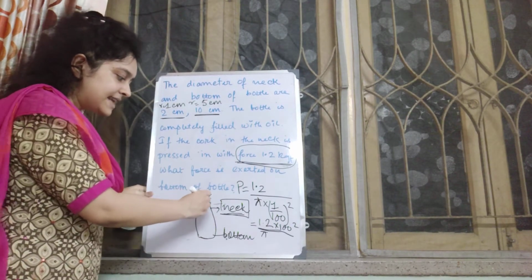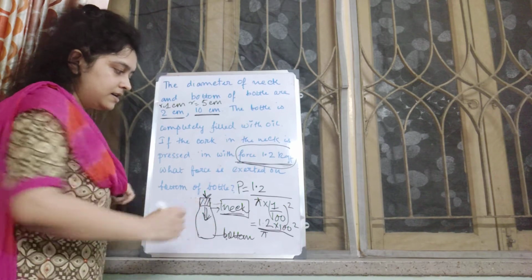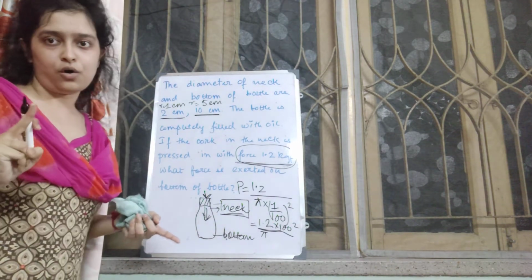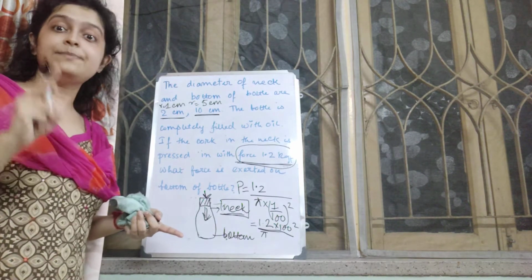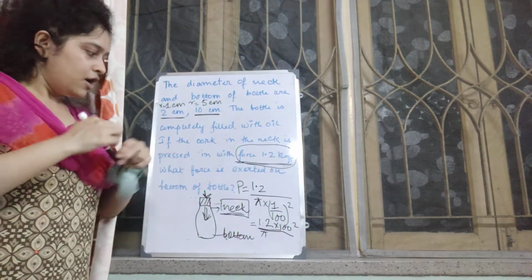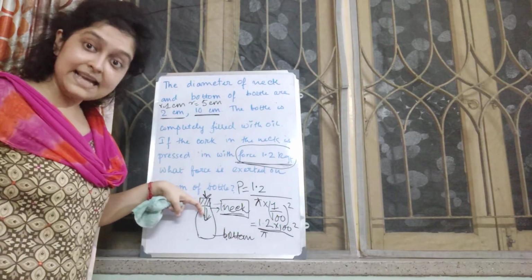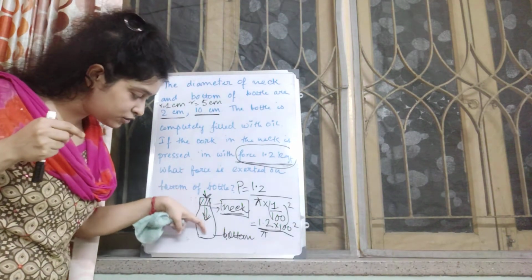Now the same pressure is transmitted to the bottom by Pascal's law. We are using the principle, Pascal's law. Whatever external pressure you applied at the neck, the same pressure is transmitted to the bottom.